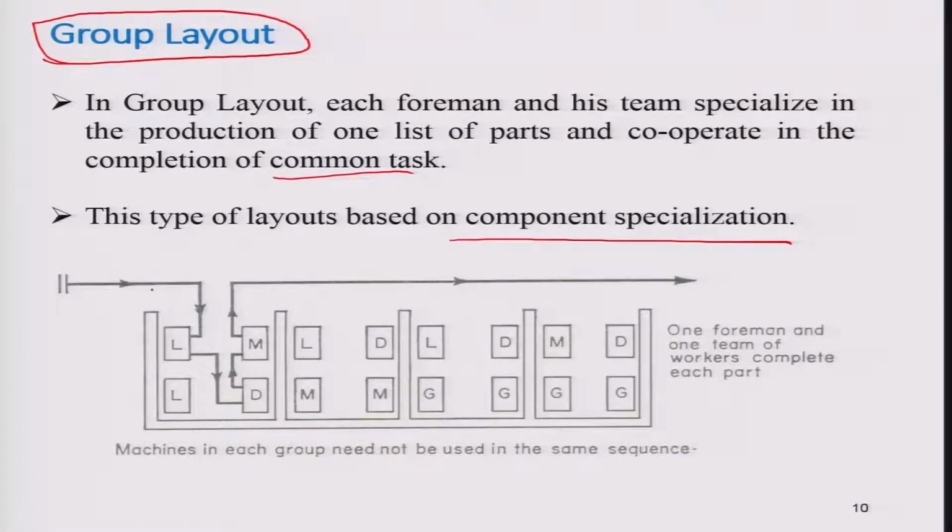Okay, here one part family enters in the group 1 area, this is group 2, group 3 and group 4, and this part will be processed only in this group. Each machine has one specialized person assigned, so when it comes here, a specialized person will process this part in this machine, then transfer it to the drilling machine, and after drilling, milling will take place here.